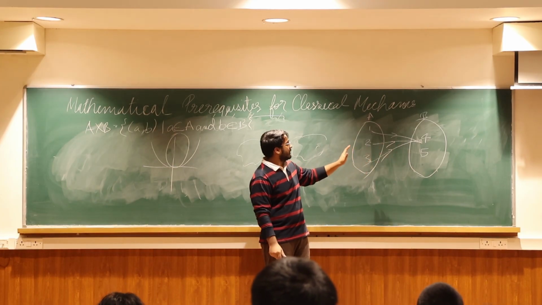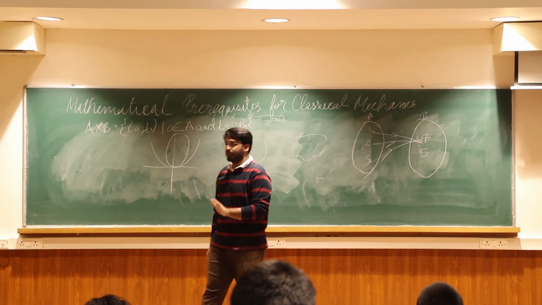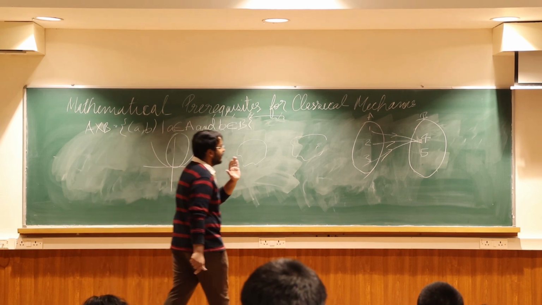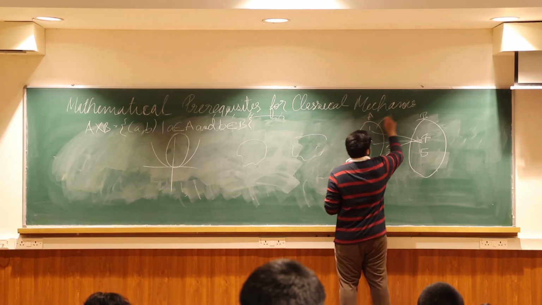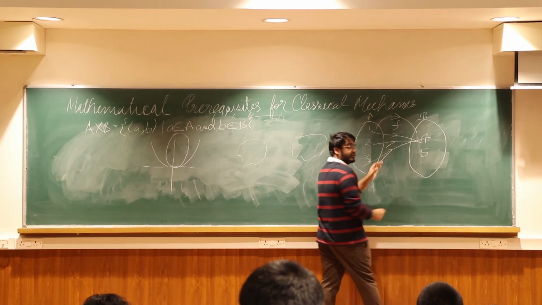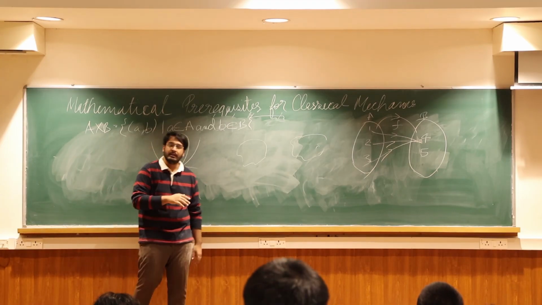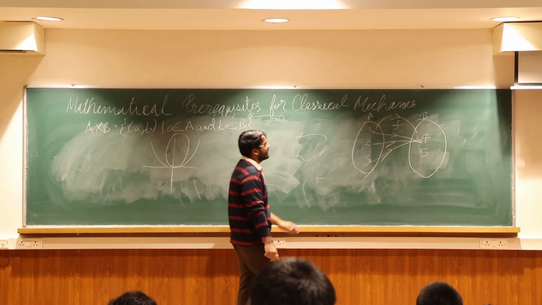So, if you look here, now I can claim that this is a function. So, what defines a function? From A to B, we show it like this. If I name my function f, just like I can name my set anything, I can call it A, B, C, Z, whatever I feel like calling it.